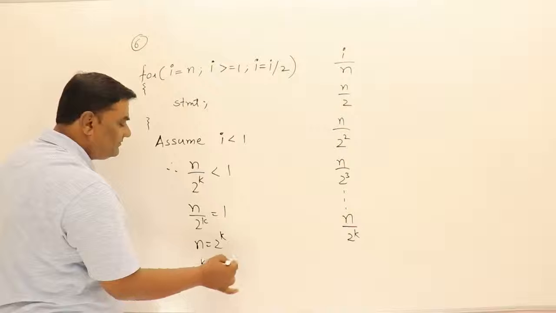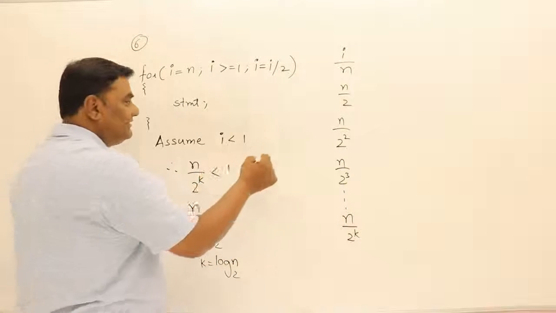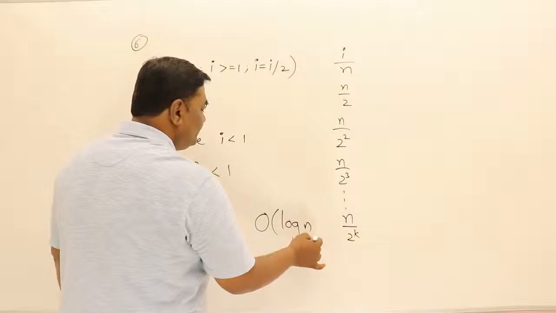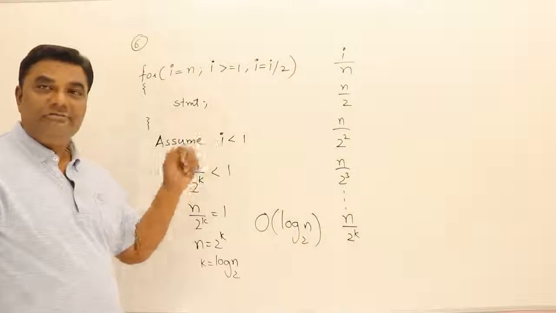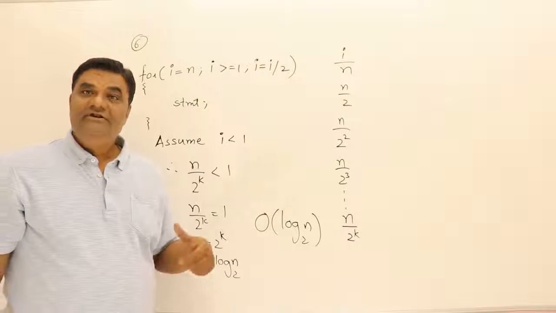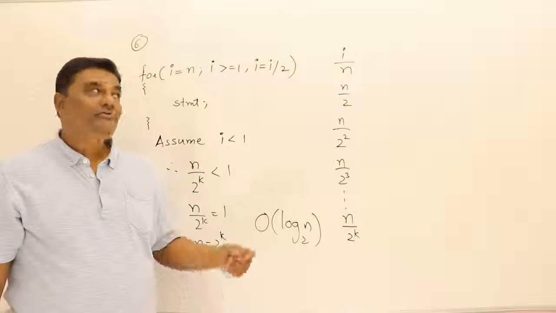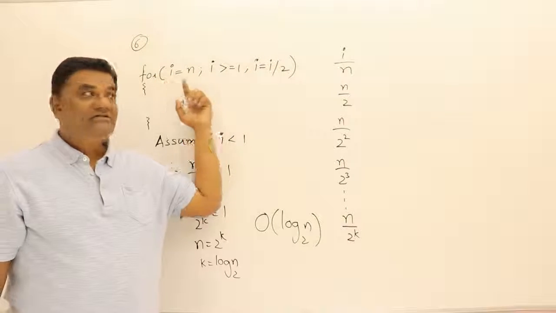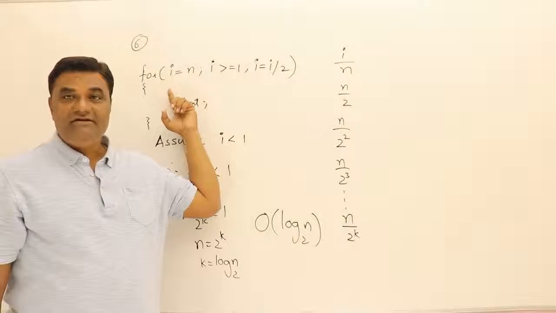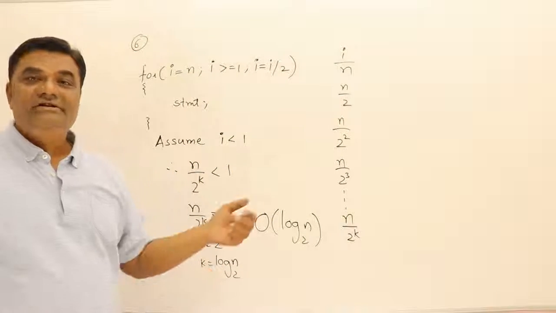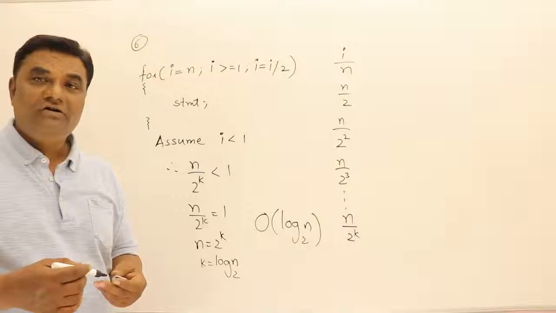Log n base 2. So the time complexity of this piece of code is also order of log n base 2. In the previous one, the 5th example, I showed you that it was multiplying every time and starting from 1. Now this is dividing every time, starting from n, and up to 1 it is reaching. So it's order of log n.